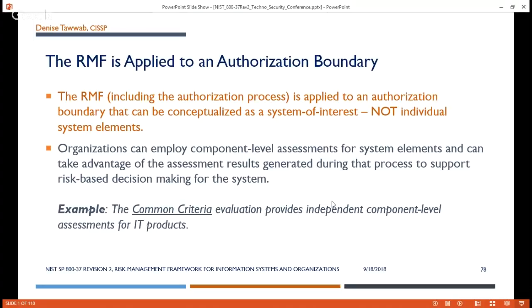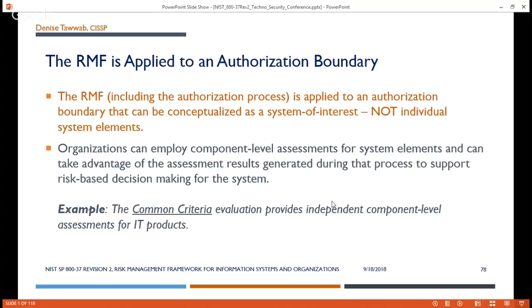Keep in mind the risk management framework is applied to an authorization boundary. The risk management framework, including the authorization process, is applied to an authorization boundary that can be conceptualized as a system of interest, not to individual system elements. Keep in mind, you're applying the risk management framework to an authorization boundary and everything that's within that boundary, not to individual system elements.